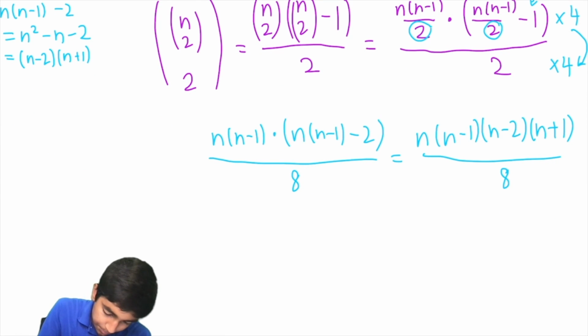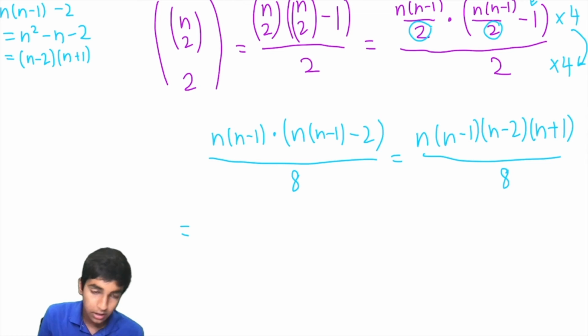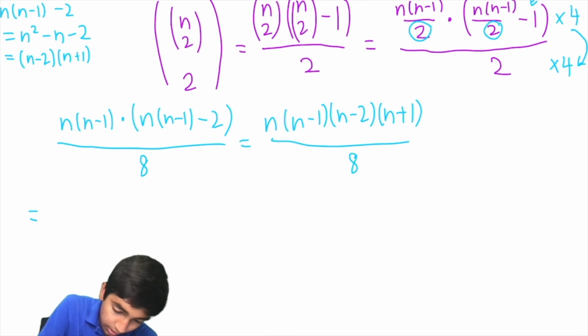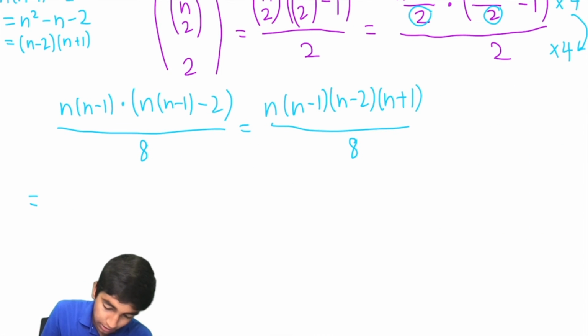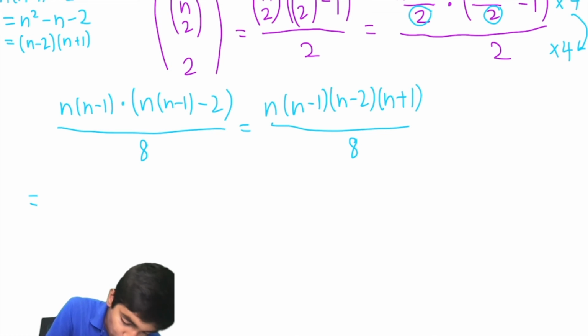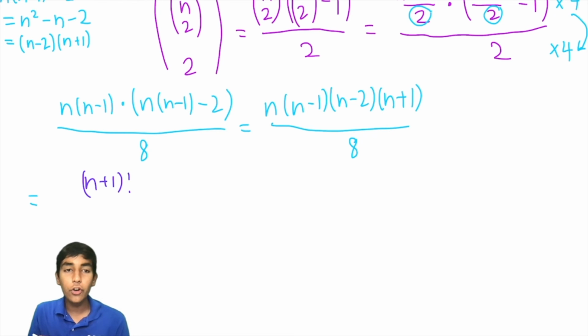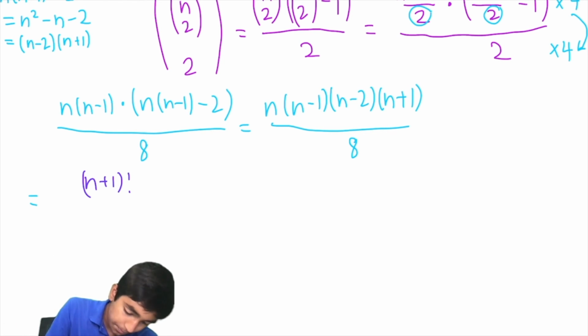Well, this is simply going to be equal to n plus 1 factorial over n minus 3 factorial. Why?